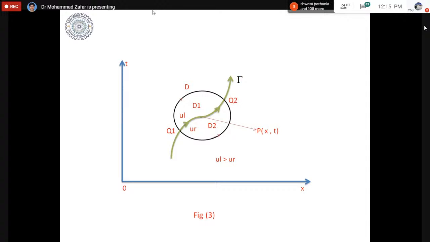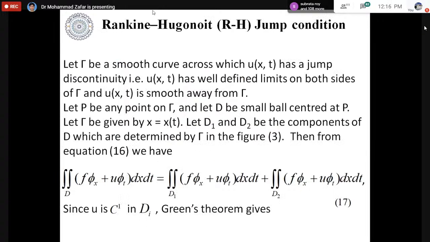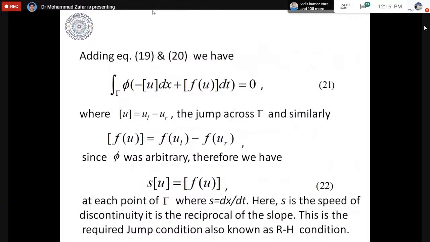Because on the boundary of D, which is a circular boundary, the value of the test function is 0, only phi survives along Q1 to Q2 on the curve gamma, in both D1 and D2. Please go to the previous slide again.